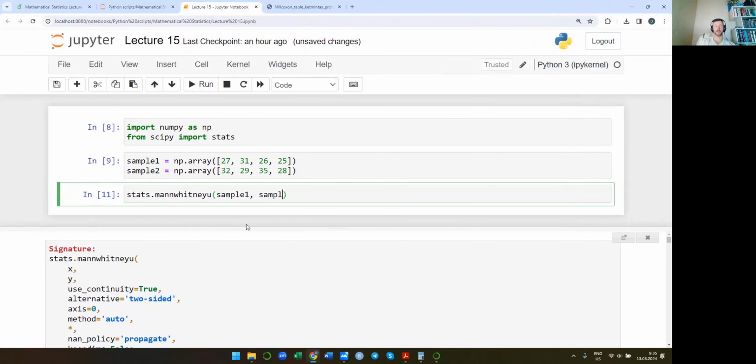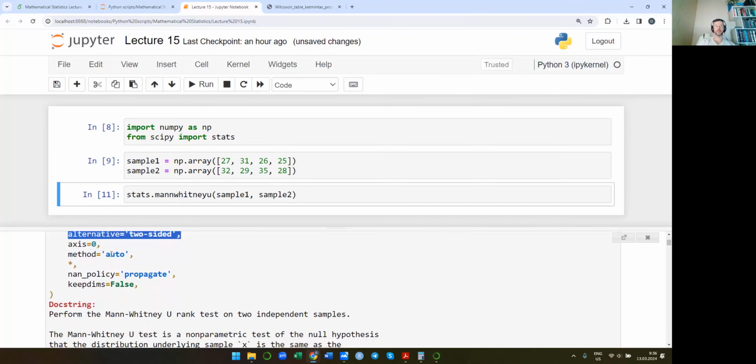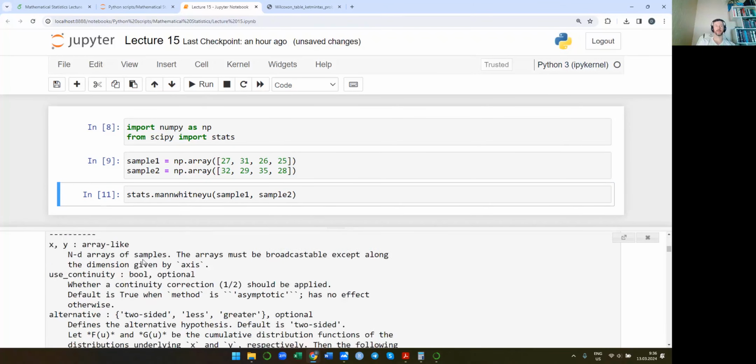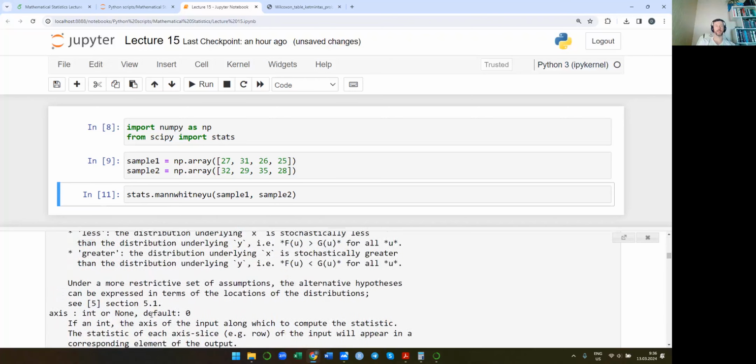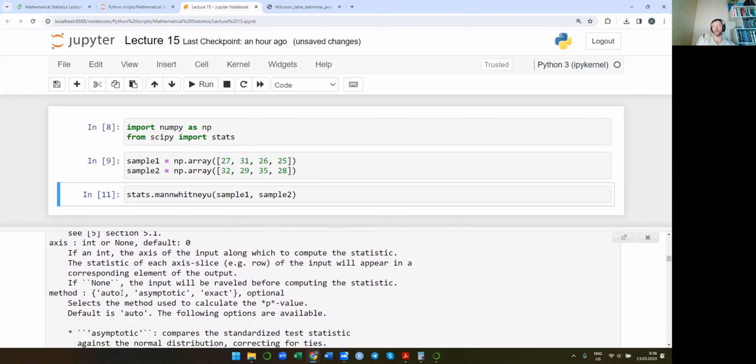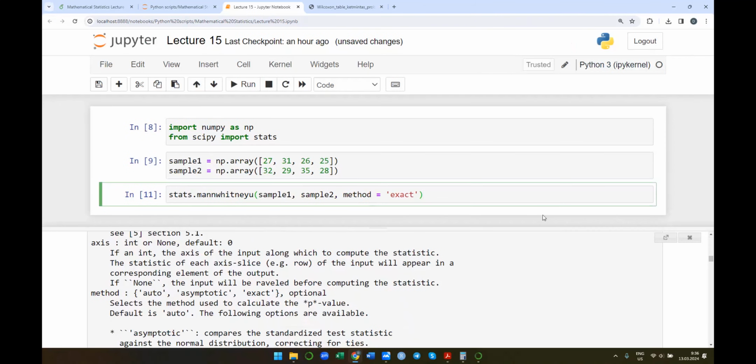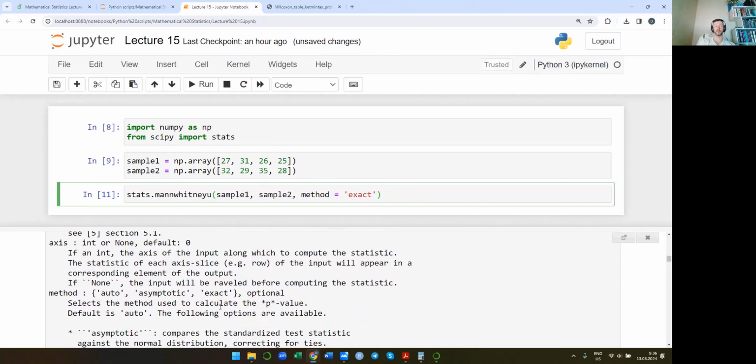We can specify the alternative if needed, but by default we have the two-sided alternative. We can also specify the method. In our case, it's going to be automatic by default, but we can also specify that this is going to be an exact method. Later we will talk about the asymptotic method as well.